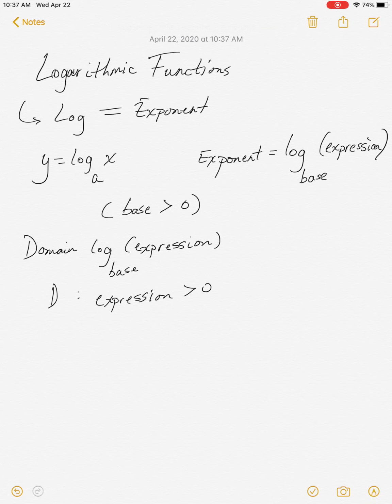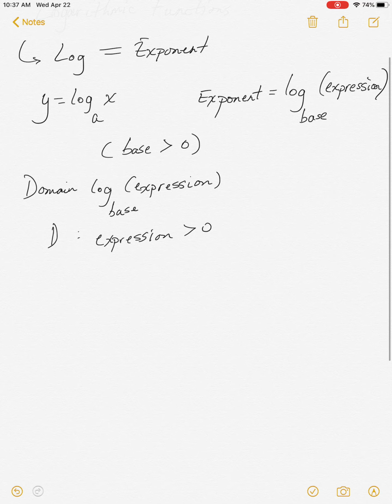Alright, so we're gonna do some quick conversions. We want to convert from logs to exponentials. In a previous video we talked about exponents, rules of exponents. So we're gonna go through some conversions.